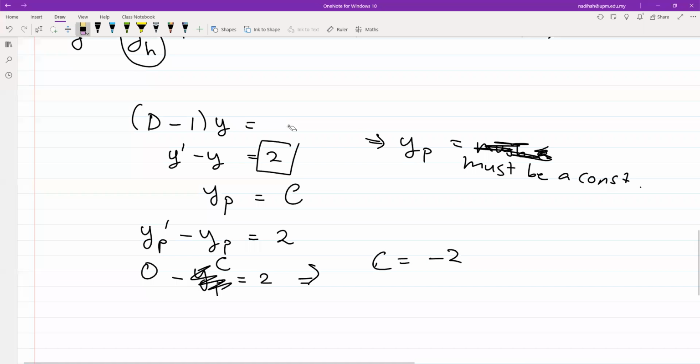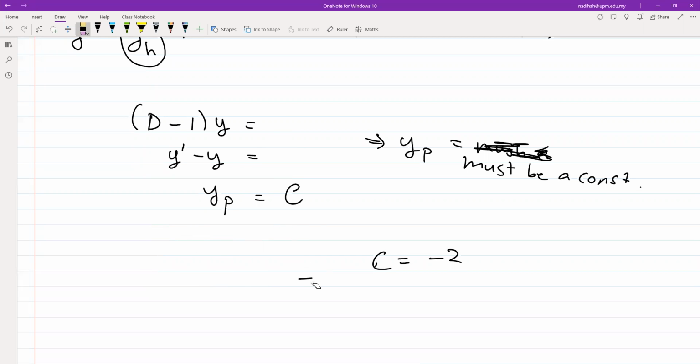Okay, contoh kalau saya ada y sama dengan 2x. So yang ni maksudnya apa? Maksudnya saya first derivatives minus by itself ada tinggal 2x.